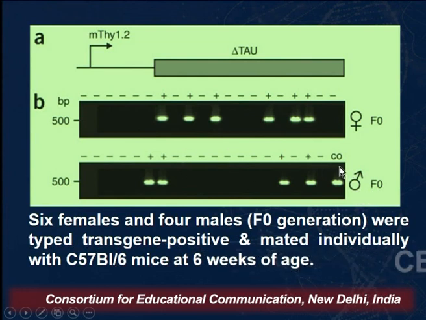So these were basically the transgenic mice, 6 and 4. So 6 females and 4 males were typed transgenic positive, about 10 pups that needed to be identified. So we will analyze these lines further.